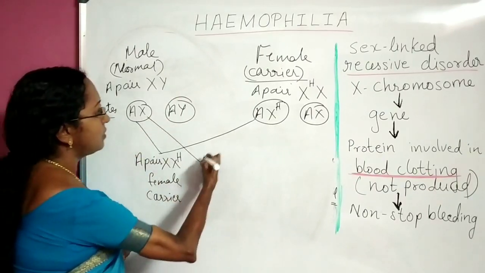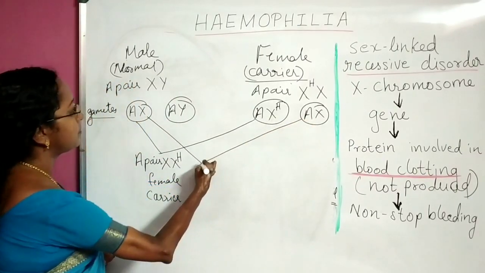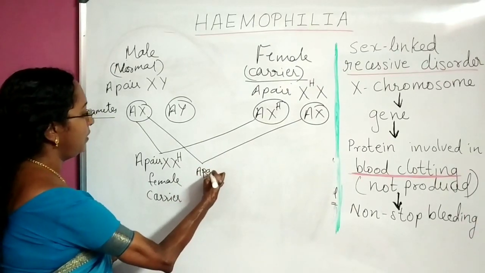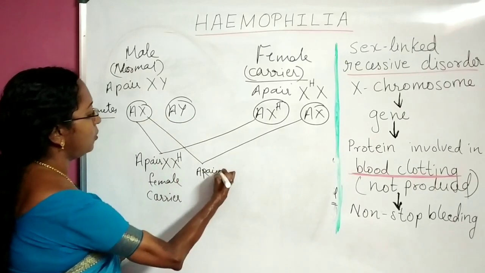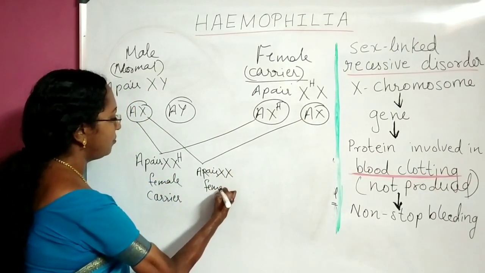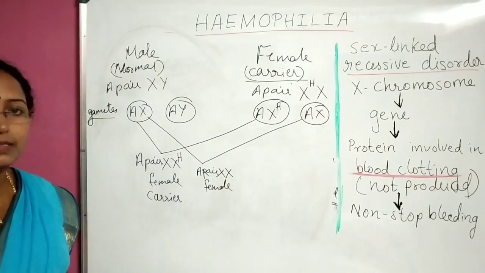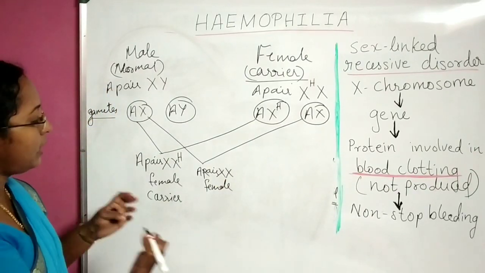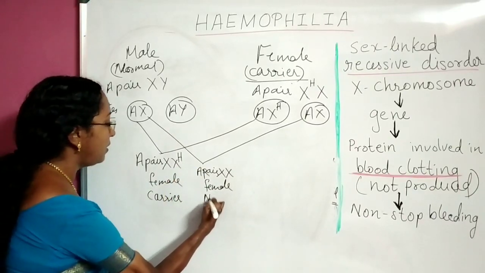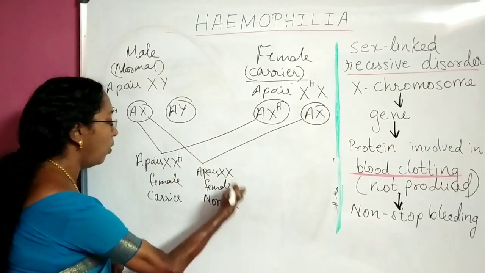Now second case is going to cross with another one. Here autosome pair and X chromosome plus again another X chromosome. It is female. Is it affected? Can you see any H over the X? No. So this female is going to be normal.